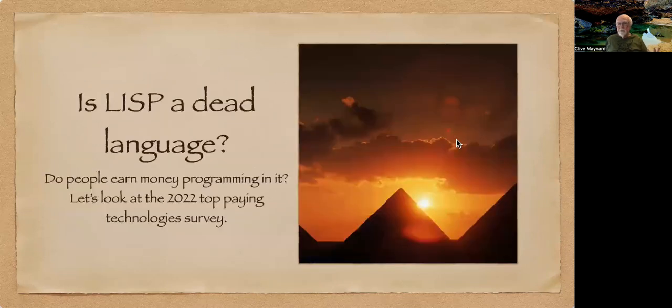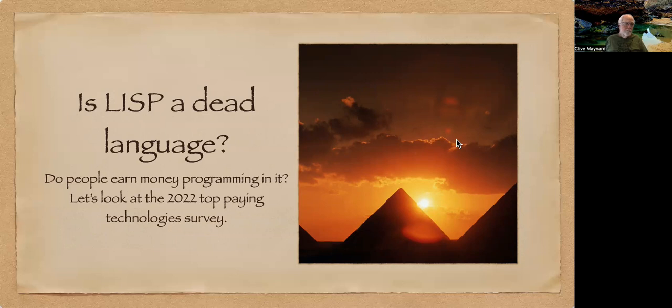So, we've been talking about Lisp. Is it something which is worth looking at? So, is it a dead language? Probably the best way of measuring that in a sense is, can people earn money programming in it?